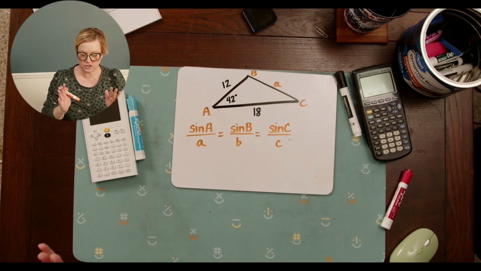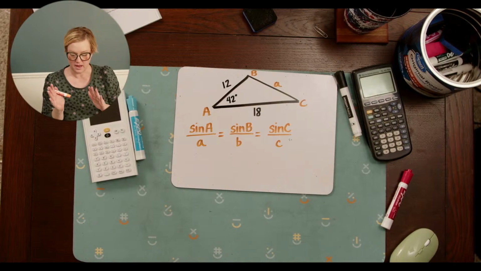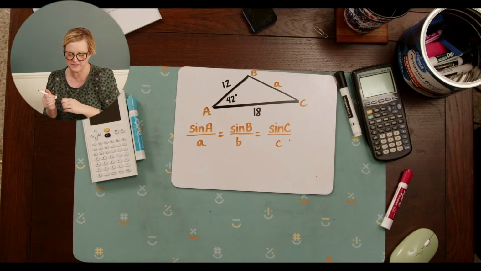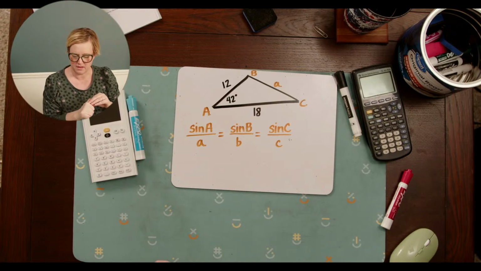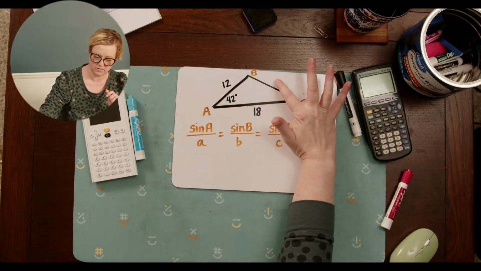All right, so we are going to fill in what we know and solve for what we don't know. Can we do this? Ooh, I've set myself up into something that's not great because I do not have a complete pair. So we've got to make some changes.